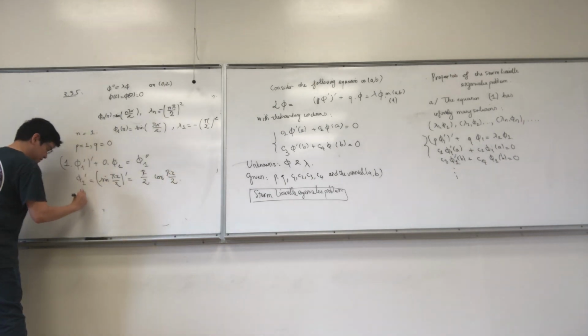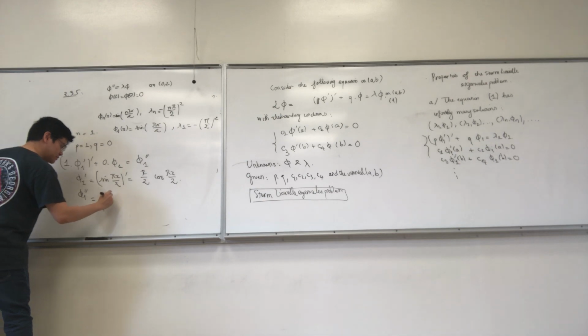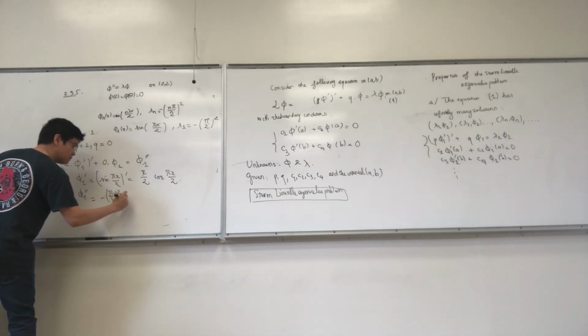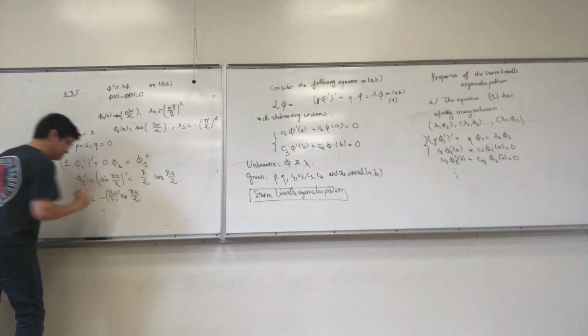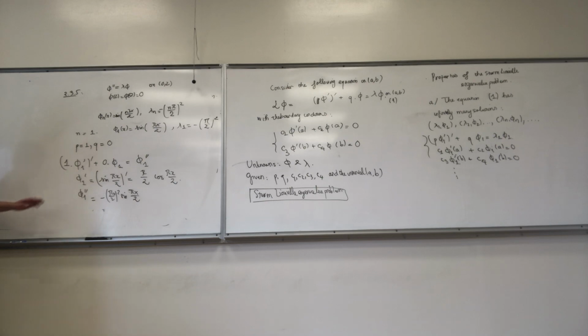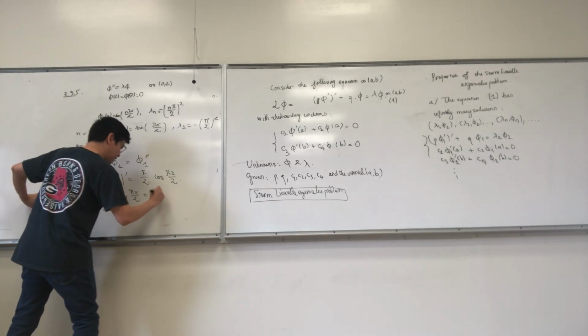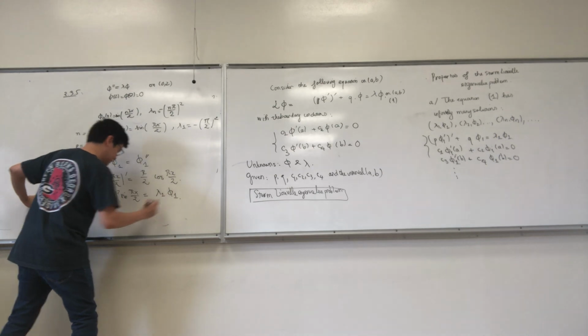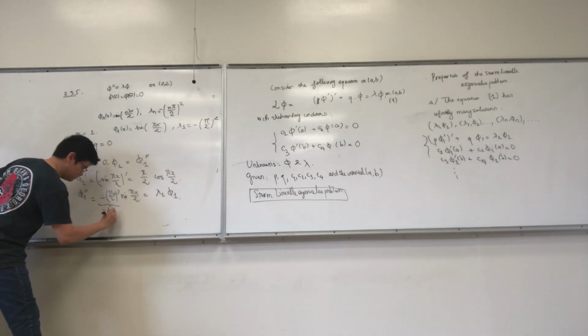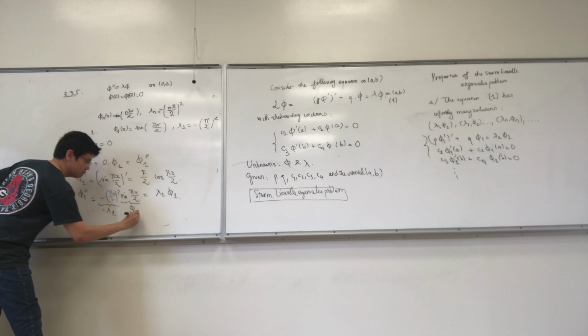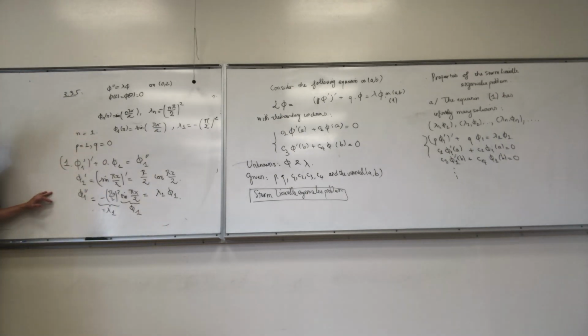And phi 1 double prime will be minus pi over 2 squared sine of pi x over 2. So basically, this is lambda 1 times phi 1. This is lambda 1, and this is phi 1. It's clear?